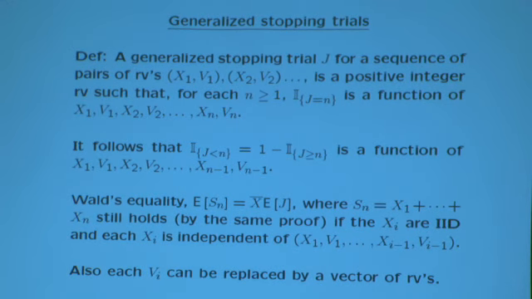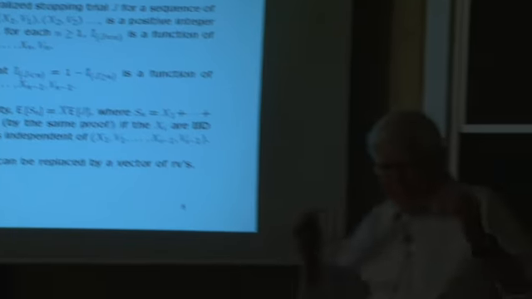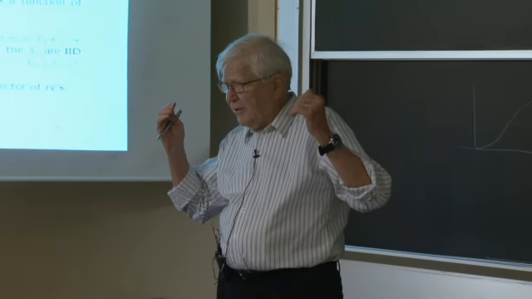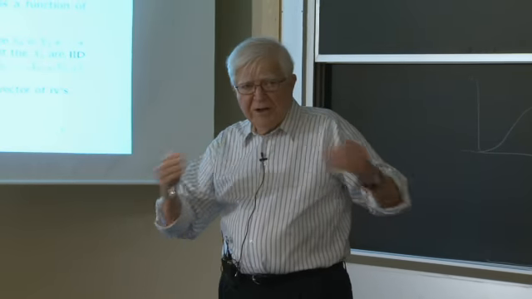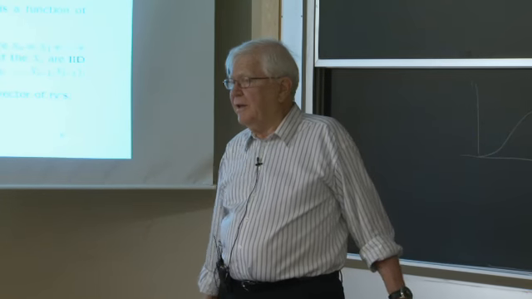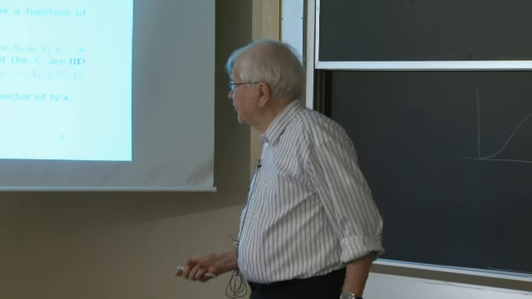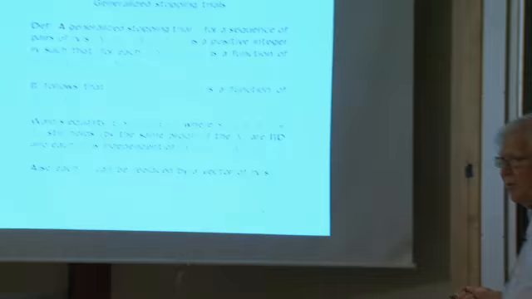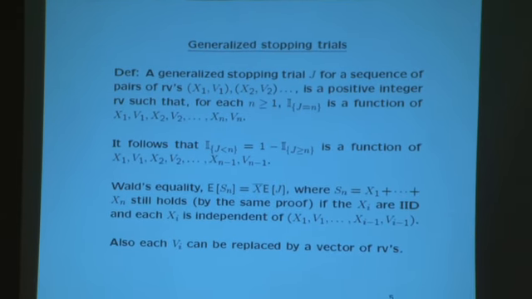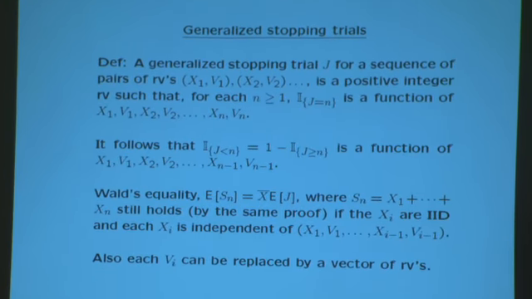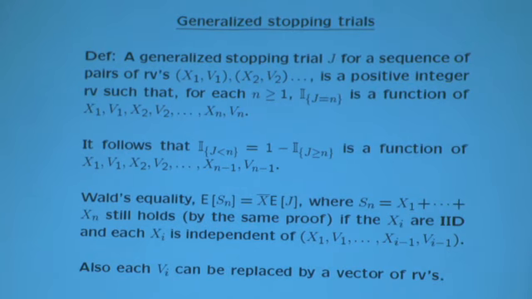In other words, you don't have to decide whether to stop or not in terms of these random variables x1 to xn that you're interested in. You have this other set of random variables too. Typically in queuing situations, these other random variables that you're interested in are service times, and the x's are arrival times, and these things are going on in parallel with each other.